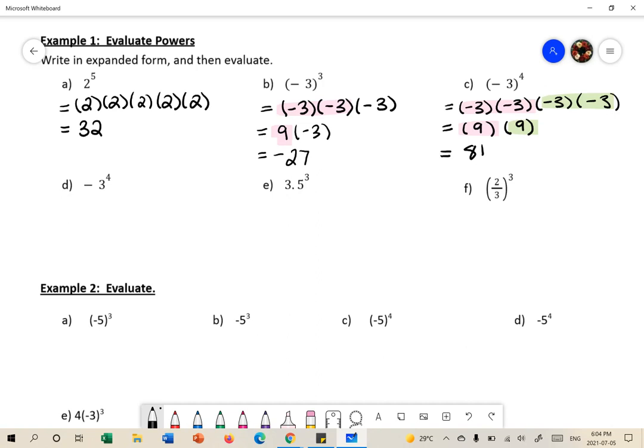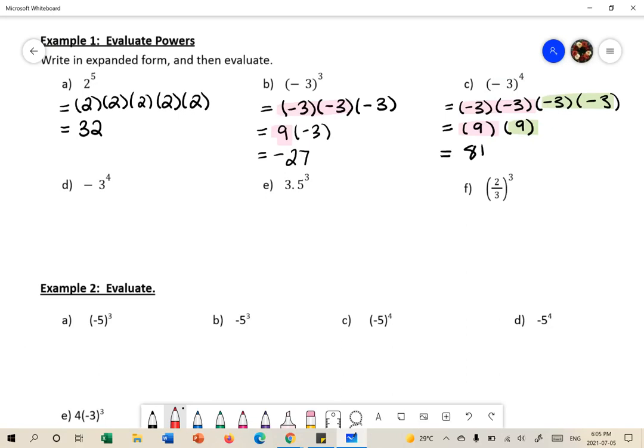So in question C, the entire base is negative 3, so the base is going to be multiplied by itself 4 times. Whereas in question D, the base here is only 3, and then it just happens to have a negative in front of it. We're going to multiply 3 by itself 4 times, and then we'll just add a negative in front of it.